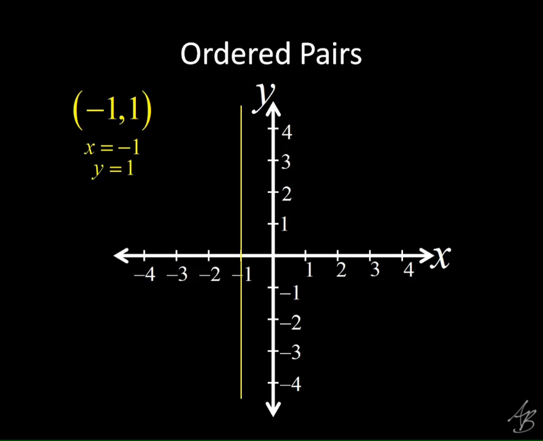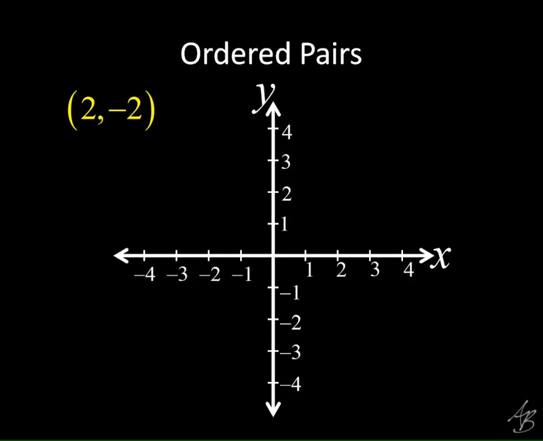So which way are we going to go for that? We're going to go up 1. All right, so y equals 1 is going to be right here on the y-axis. It's up 1. So for the x, we went left 1. For the y, we went up 1. So we go left 1, we go up 1, and we get our point right there. Does that make sense? Yes, sir.